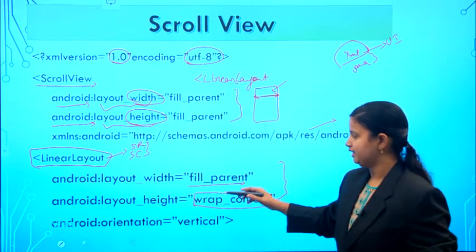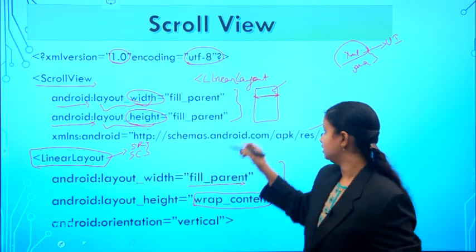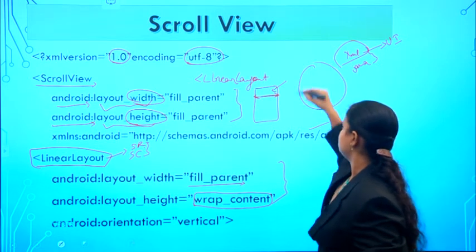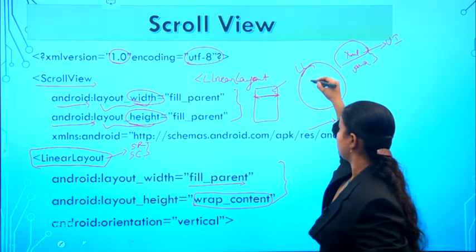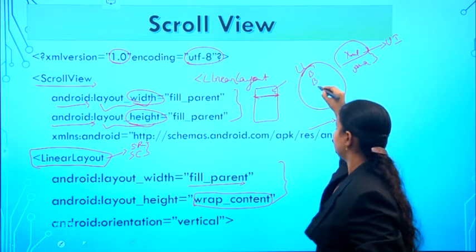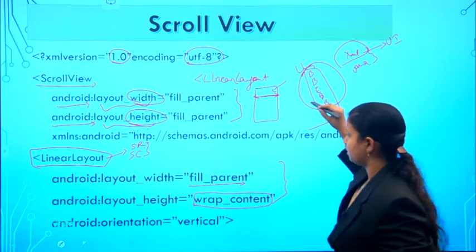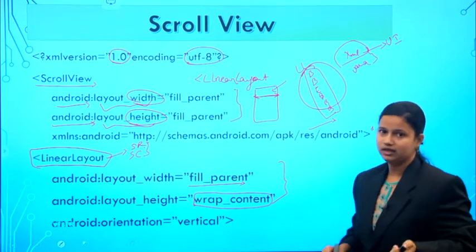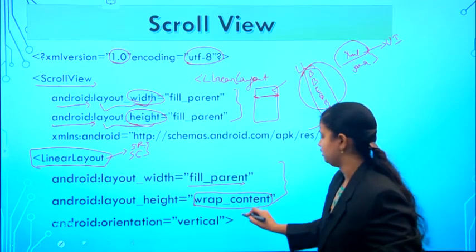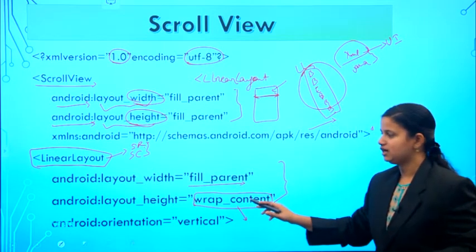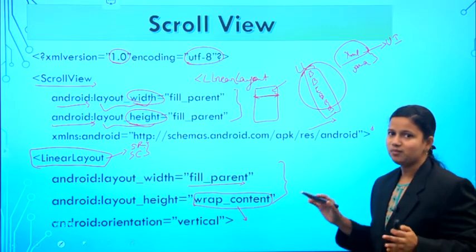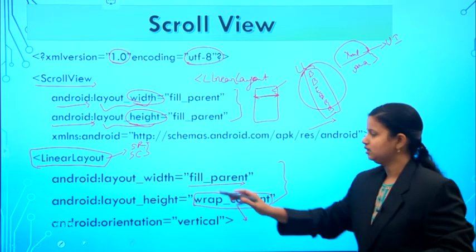Because in the linear layout we have different things: button, button and edit text, button and button and button. So the height equals whatever the contents to be presented in your linear layout. That's why we give the property as wrap content. Whatever the content size, that much height is allocated for the linear layout.